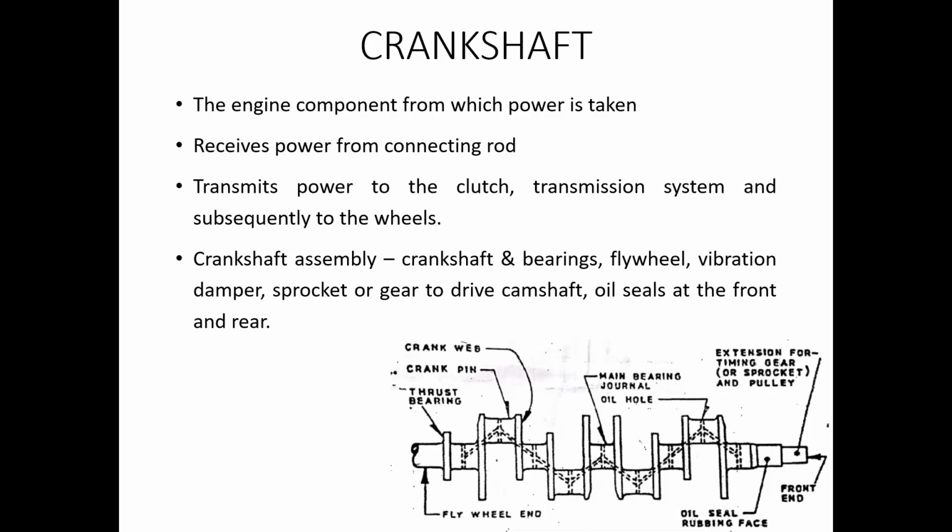So you can see the different parts of the crankshaft mentioned here. This is the shape of the crankshaft. If we start from the left side, we have the flywheel end where the flywheel is attached. Flywheel is usually a bigger wheel of a comparatively larger weight, which is used to store kinetic energy, so that the energy that is produced during the power stroke is stored in the flywheel, and it is used to rotate the crankshaft for the next 3 idle strokes.